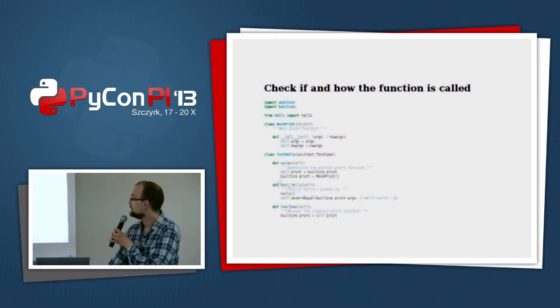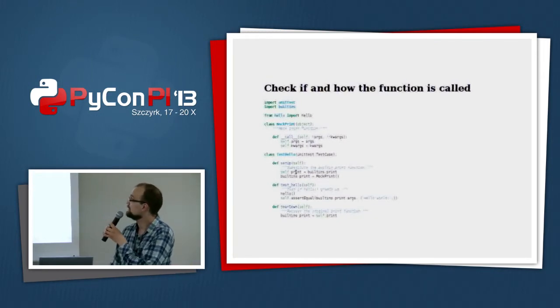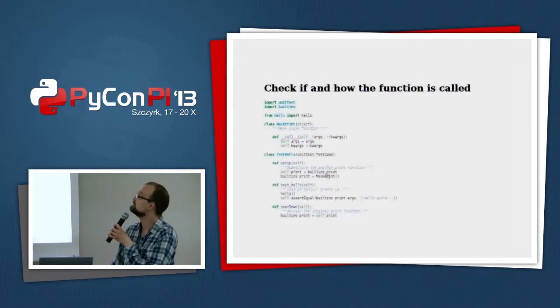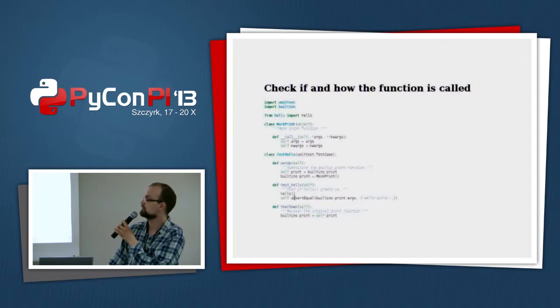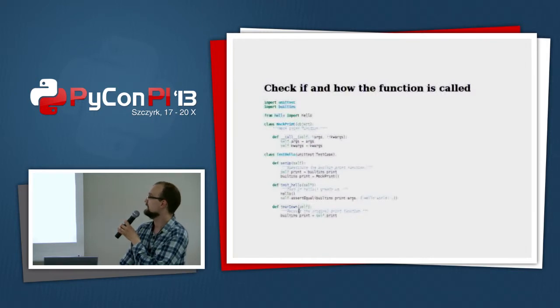So in setUp, we store the original built-in print function in the object, and we put our mock print into the builtins module. Then we test it. We call our function, and we assert that the arguments this function was called with are like this, the tuple containing only hello world. And in tearDown, we put print back.